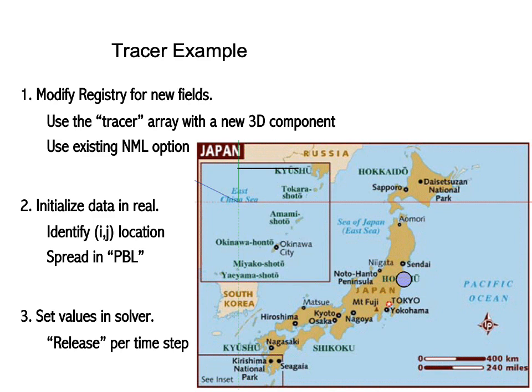What we're going to do at every time step is take the first few rows, or the first few vertical columns over the grid cell where Fukushima is and initialize that value to 1. And we leave the rest of the entire domain alone. So it's almost like we're doing a little puff model at every WRF time step. And that data gets advected and diffused and moves around through the simulation.